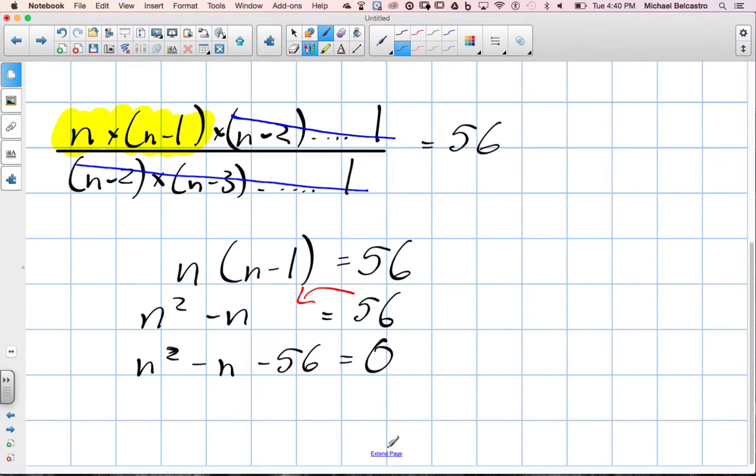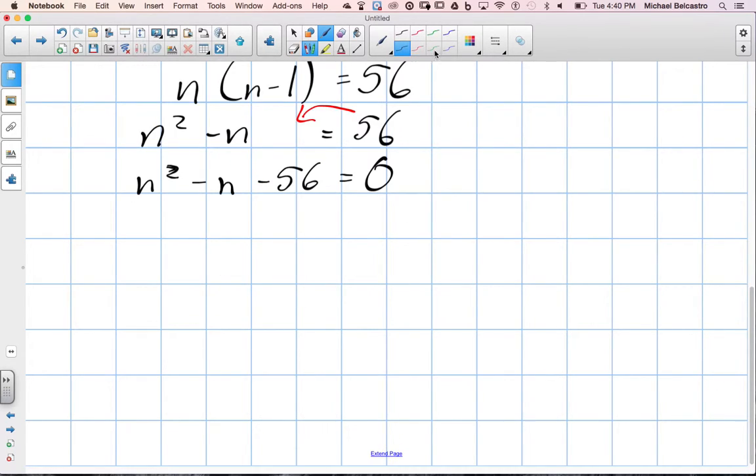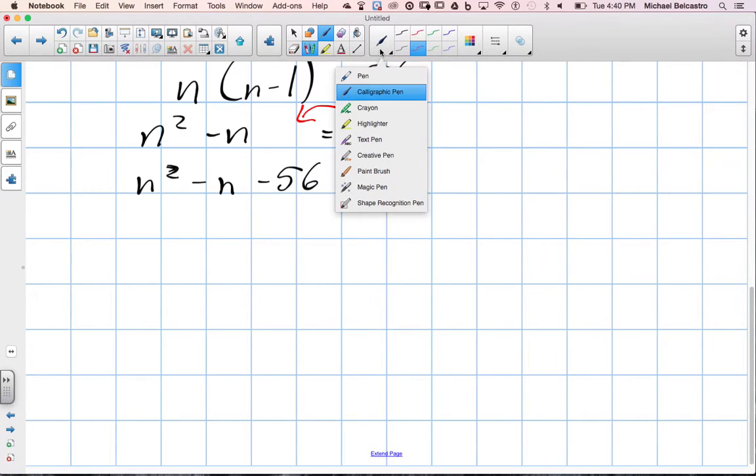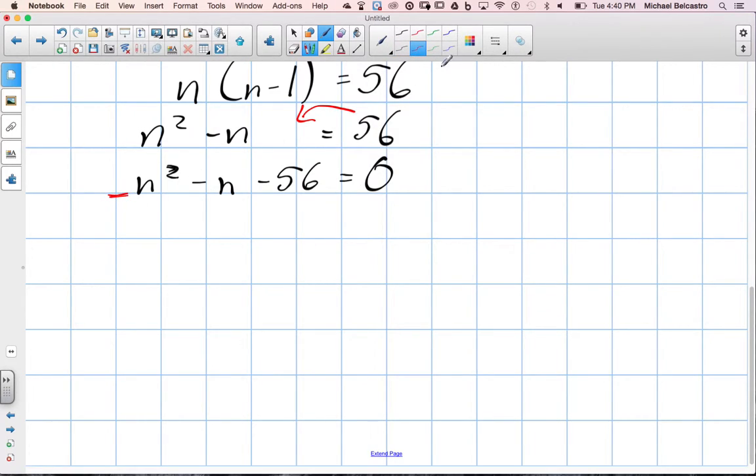If you recall your factoring from your grades before, this is kind of like you have an a value, a b value, and a c value. And in this version, because the a is just technically the number 1, what you're looking for is two numbers that add up to b, whatever our b term is, and those same two numbers need to multiply to whatever our c term is.